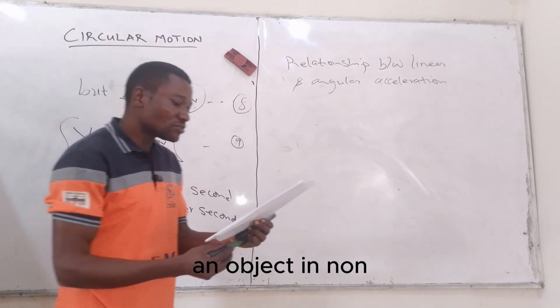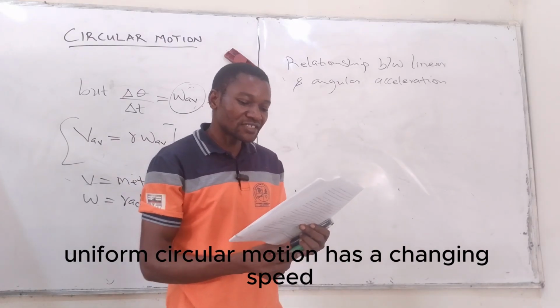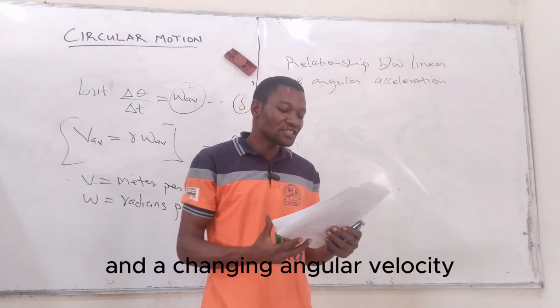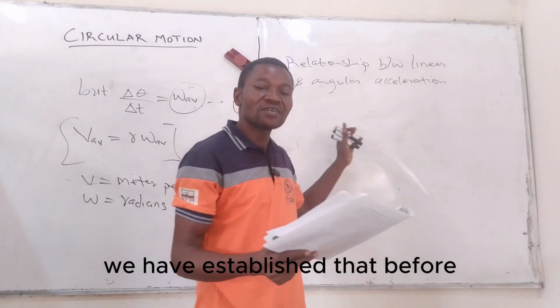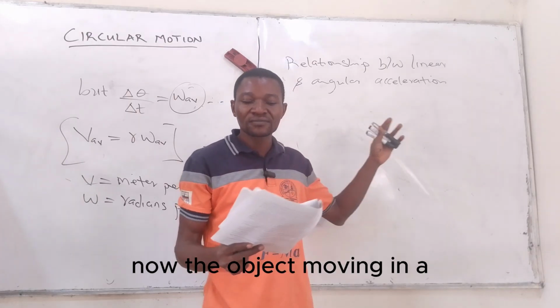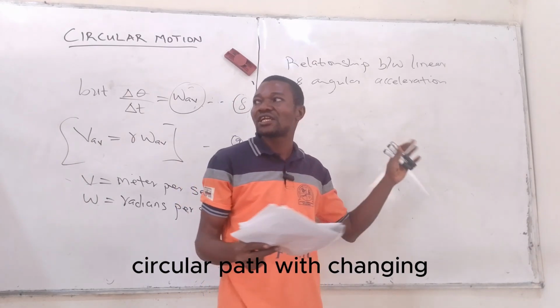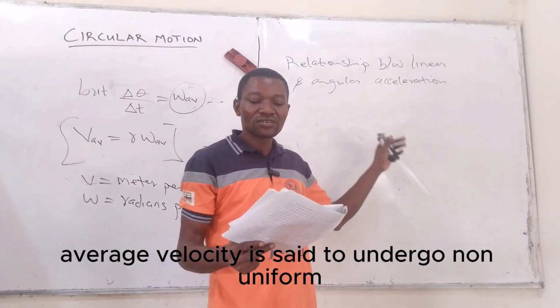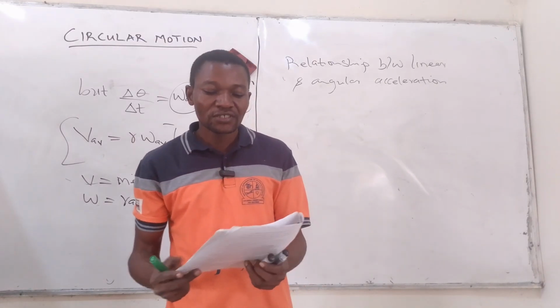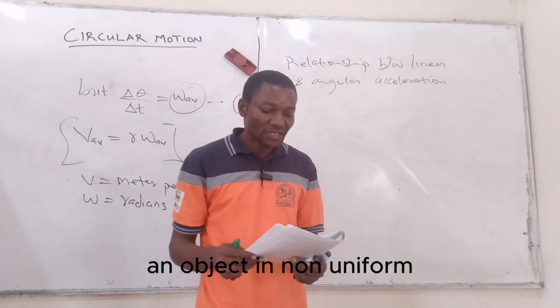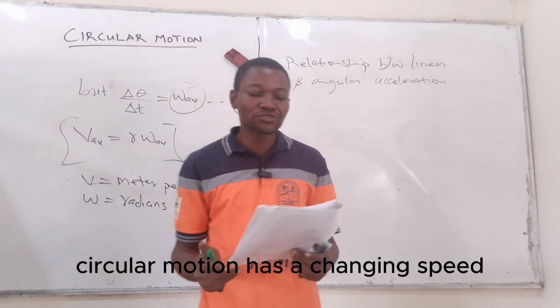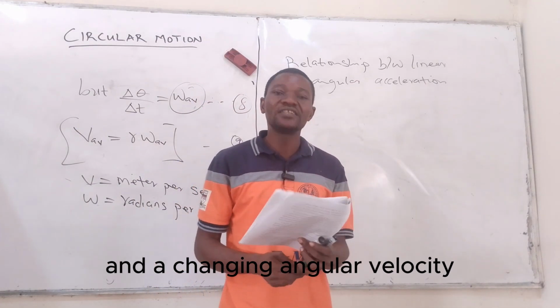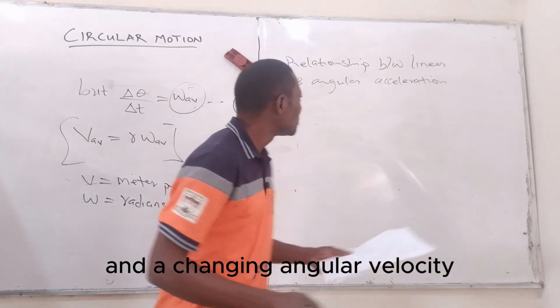An object in non-uniform circular motion has a changing speed and a changing angular velocity. We have established that before now: an object moving in a circular path with changing velocity is said to undergo non-uniform circular motion.